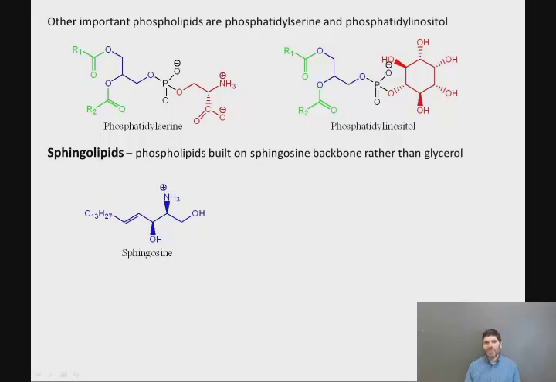So having moved from basic phospholipids, we now need to look at what are called sphingolipids. And those are phospholipids that are based on a sphingosine backbone in blue rather than glycerol. So drawn on the screen here is the structure of sphingosine.